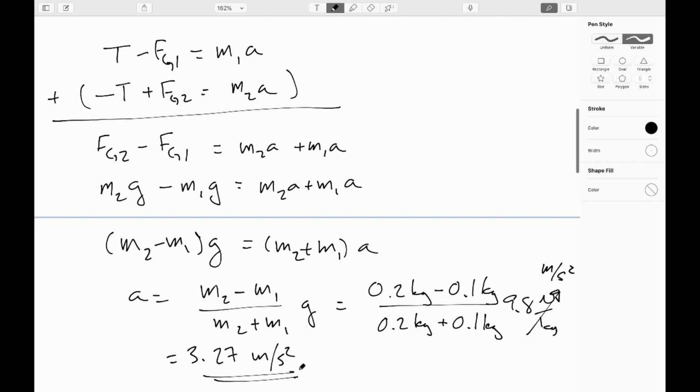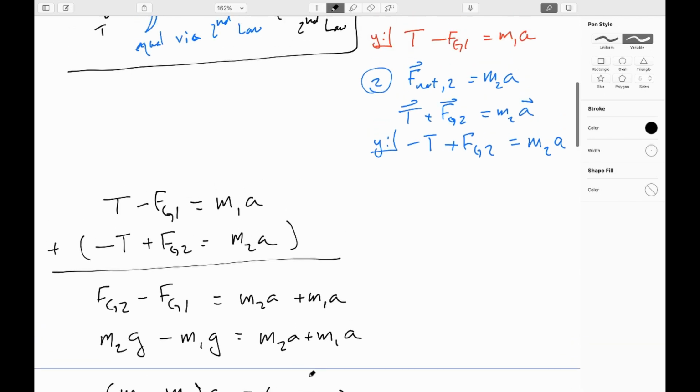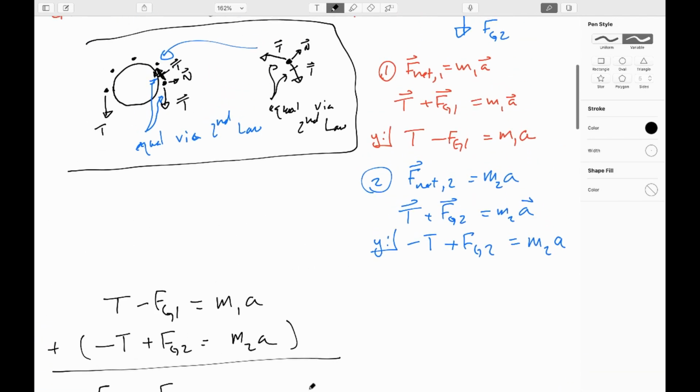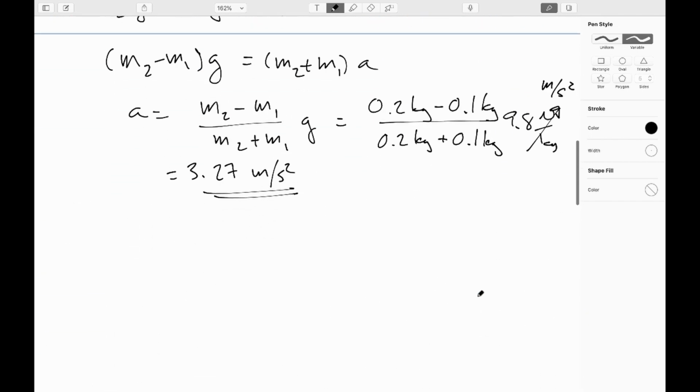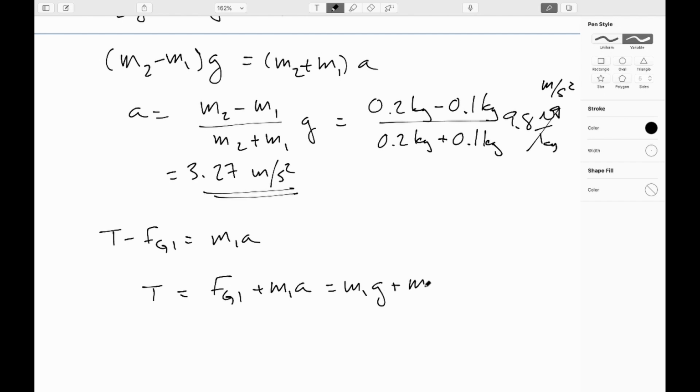All right, now if I want to go back and get the tension, I can use either of these equations. Sure, that one. So if I take T minus FG1 equals M1A, I'll get that T is equal to FG1 plus M1A, which will be M1G plus M1A.